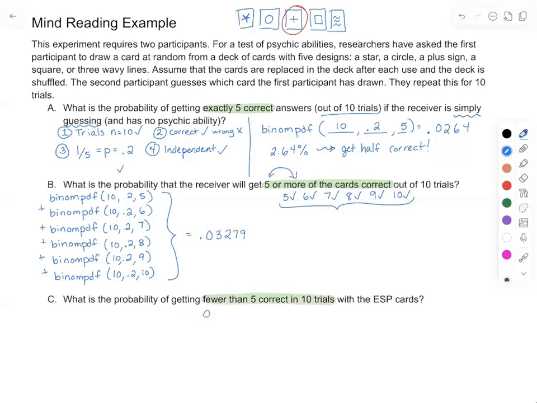So I could get 0 right, I could get 1 right, 2, 3, 4, and 4 is the last number of successes that's less than 5. These are the ones where I would have to find all of these probabilities and add them up to get the correct answer. Now, if you want to check your work, the answer is 0.9671.